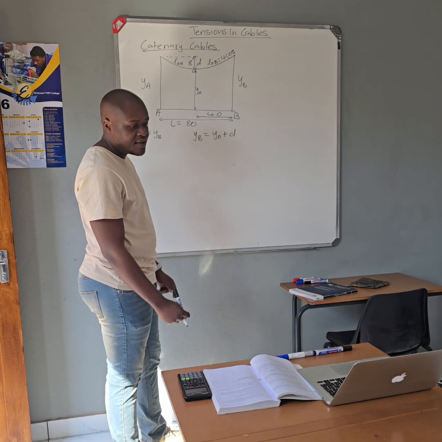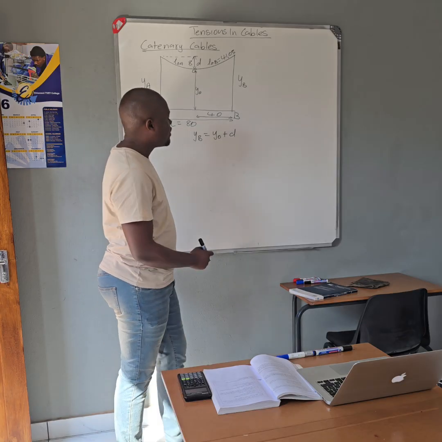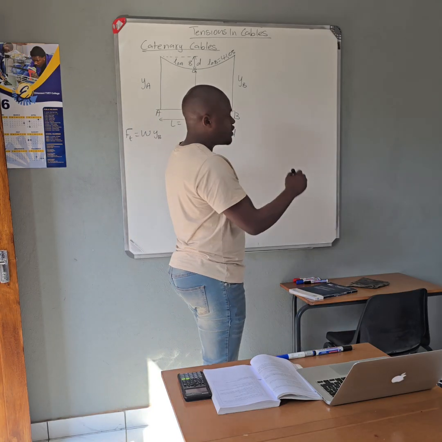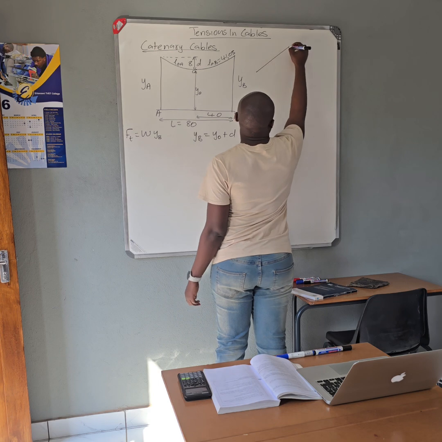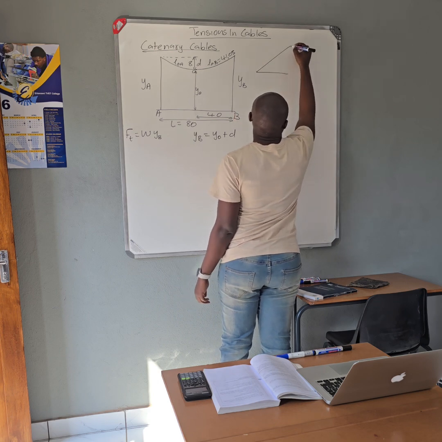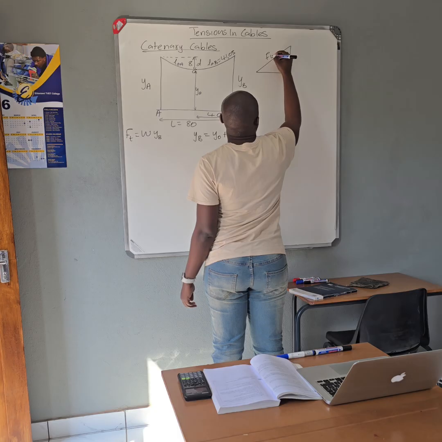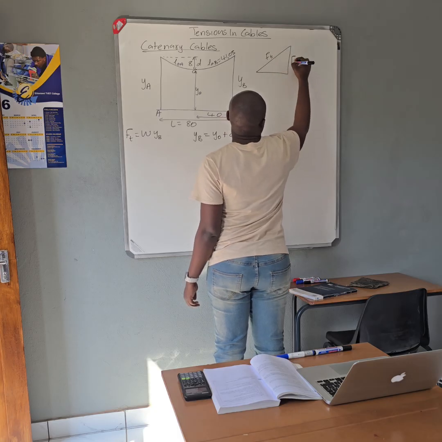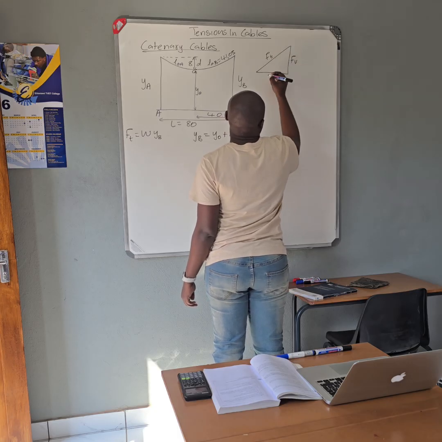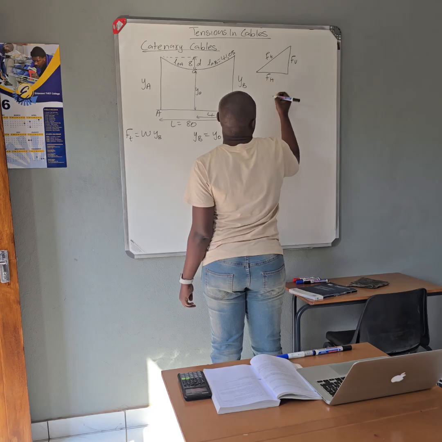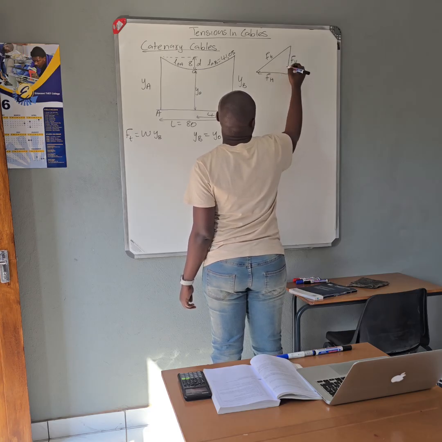So how can we find yO now? From our triangle of forces, this is what we said. It tells us that here we are having Ft, here we are having Fv, here we are having Fh, like that.